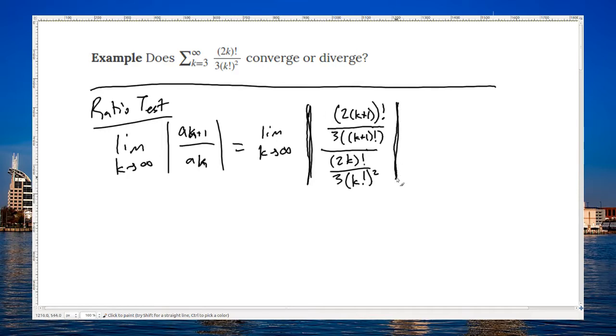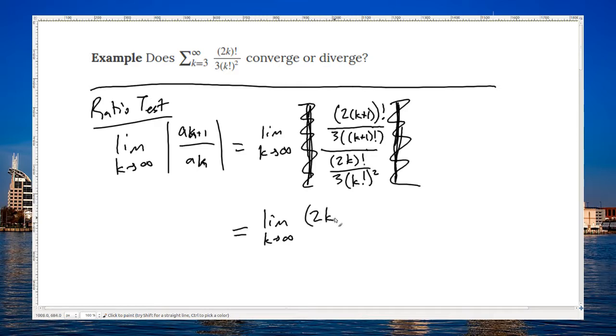Now I'm making a big show of drawing these absolute value signs, but now I'm realizing, well, heck, everything is positive. I can get rid of my absolute value signs. I only have to worry about those if there's negatives involved. Next, I'm going to rewrite the top fraction.